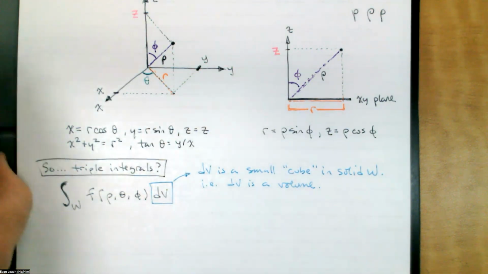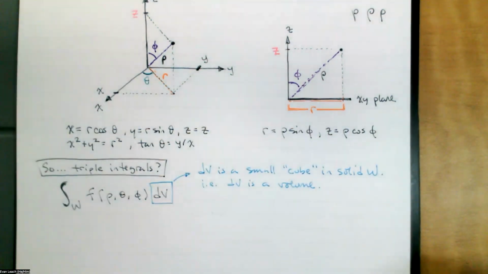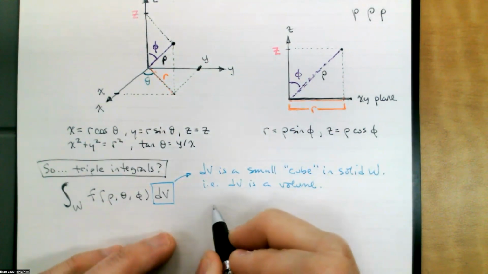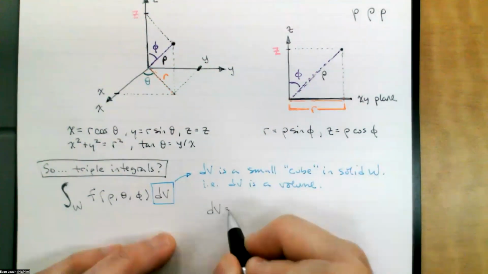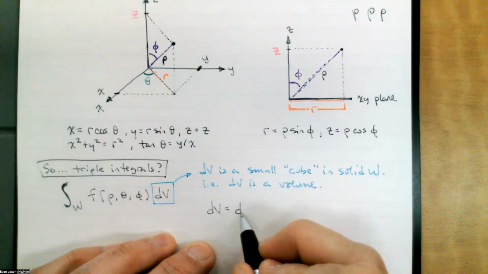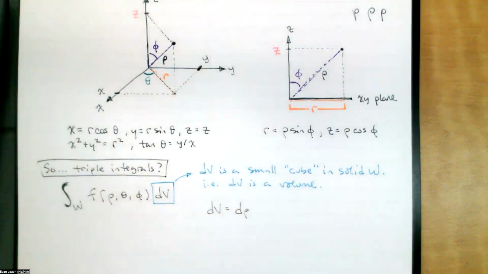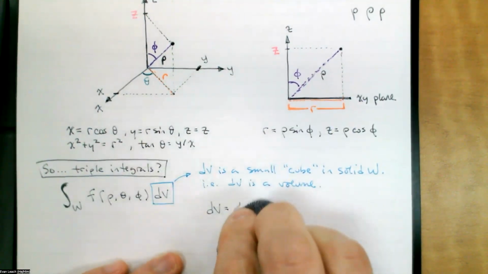The same thing happens in spherical coordinates with our dV. If we write dV, d rho, that's a distance, no problem.